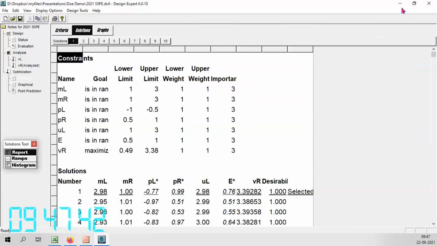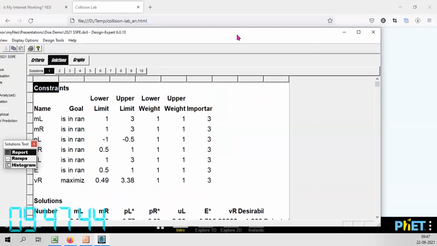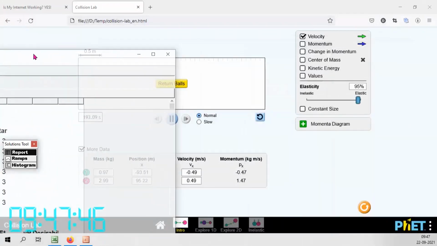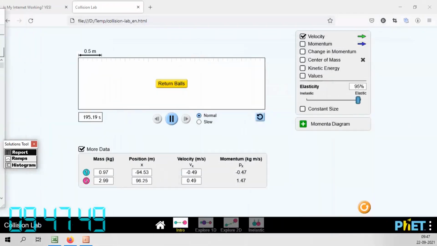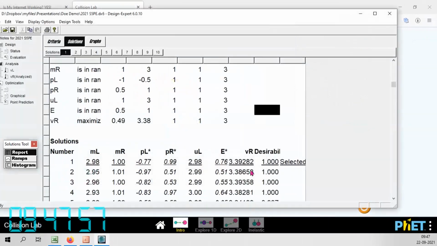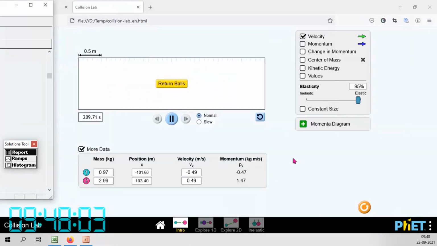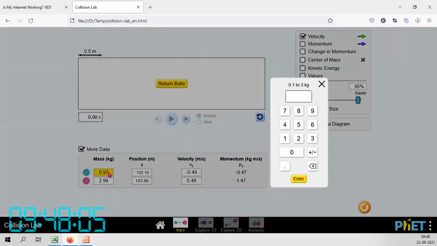Anyway, there are some small issues in this. Anyway, we'll demonstrate this. So the solution, let us verify. And what is the predicted value for velocity of right is 3.39. Let us see what we get. So left mass is 2.98.